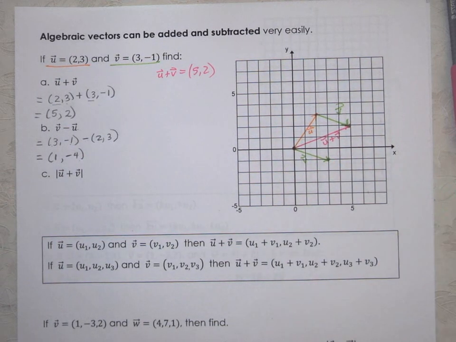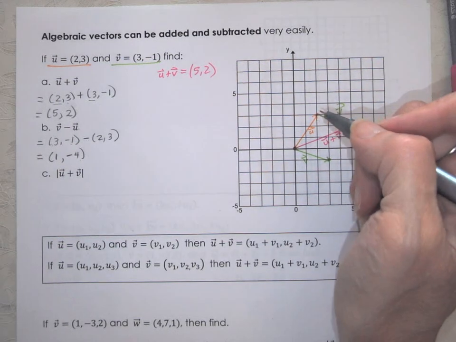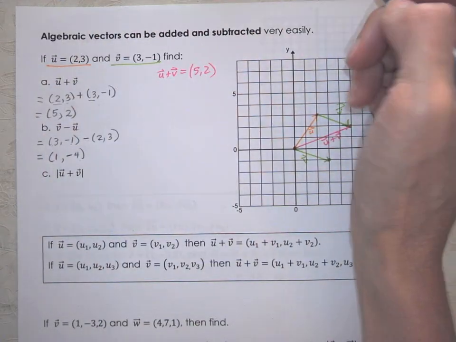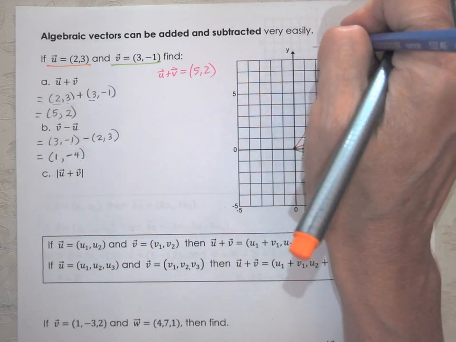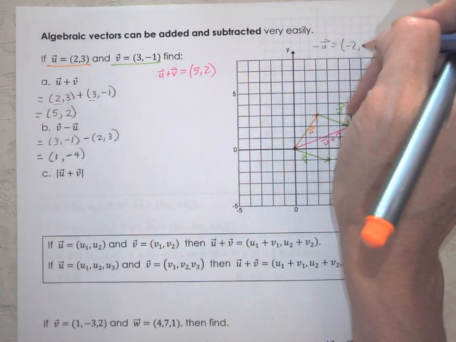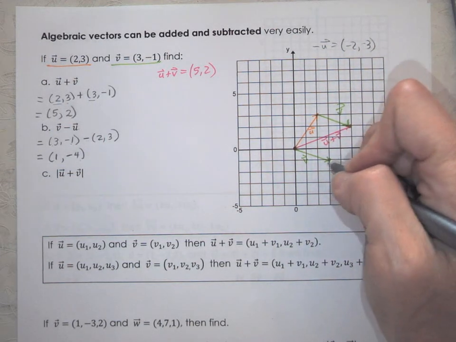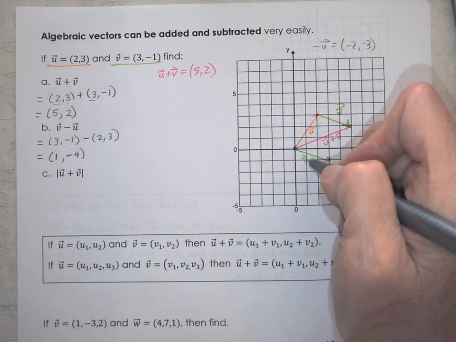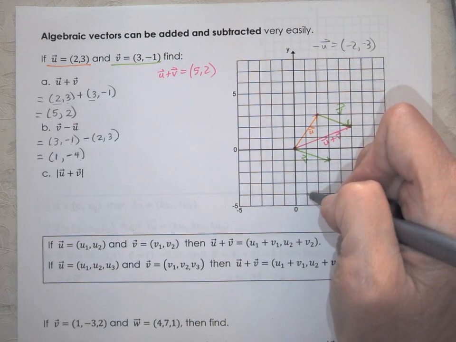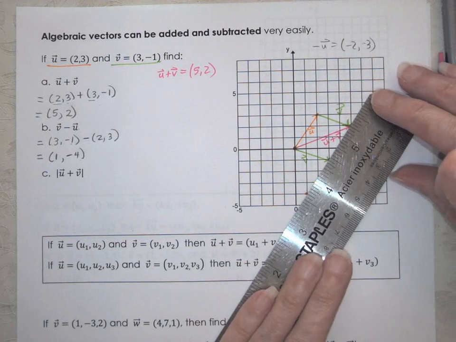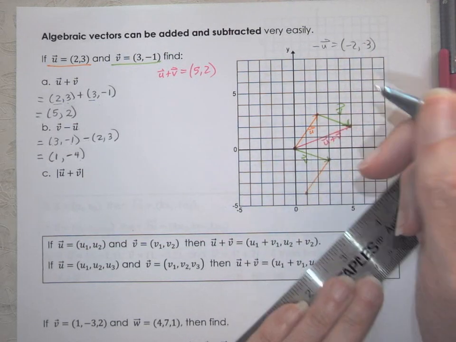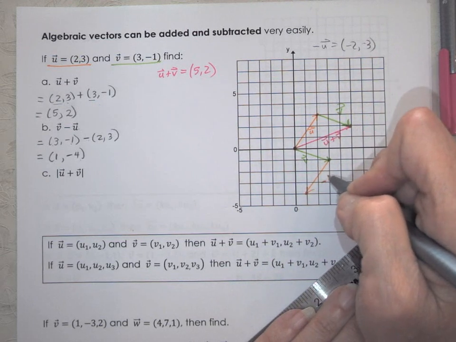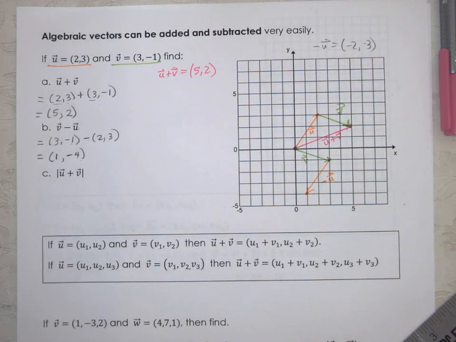But we can come over here and do vector v and subtract u. So if u is 2, 3, then negative u is going to be negative 2, negative 3. So from here I'm going to go 2 in the negative x direction and then down 3, and that should give me negative u. So here's negative u being drawn there.